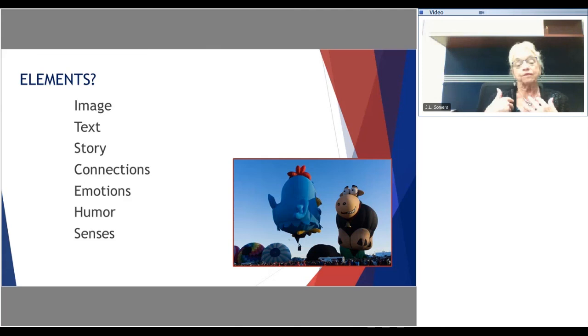And of course, we all know that we have to use caution with our humor, but there's a piece of it that really reaches everyone when we see something that's humorous. And so we have reached all of our senses using this. Any comments or anything that I've omitted in there?